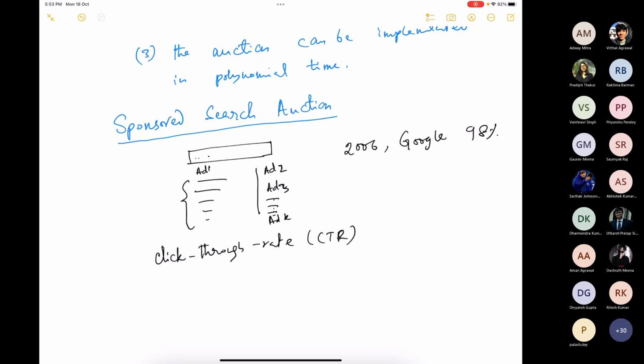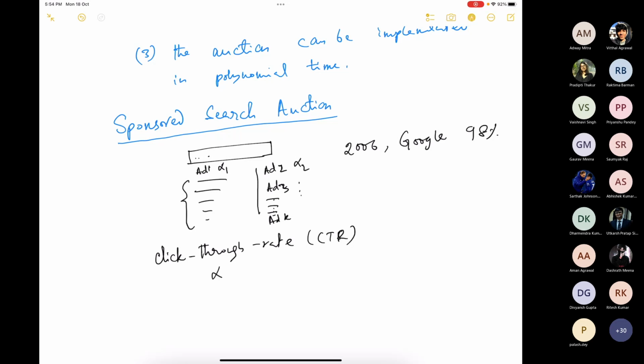Because of the natural behavior of the browser, that it scrolls from top to bottom, the ads shown at the top of the page are more likely to get clicked than ads shown at the bottom. So suppose this is the probability with which this particular ad is clicked: alpha 1, alpha 2, and so on.